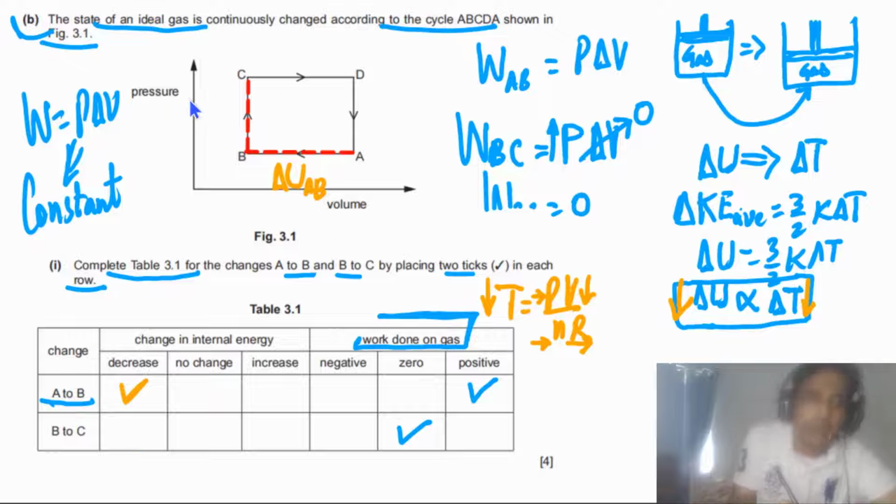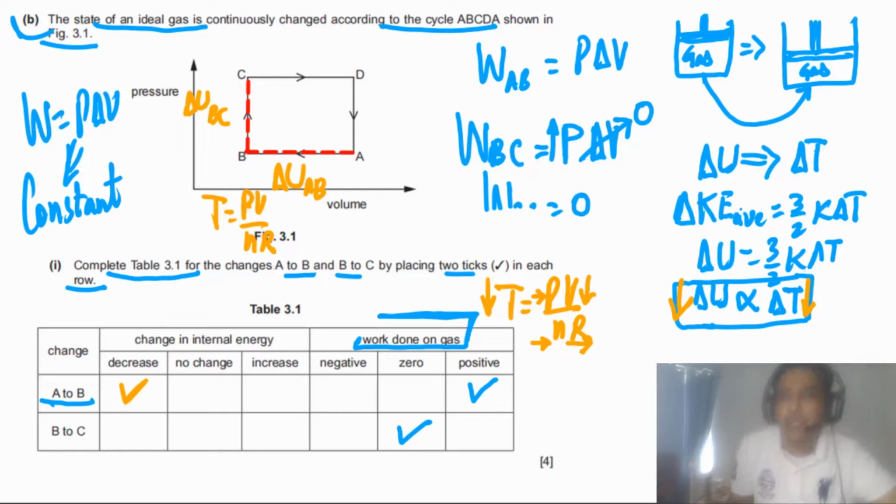Now we will find the change in internal energy between B and C. We will use this formula again: T is equal to PV over nR. Looking at the change in volume between B and C, there is no change in volume, but pressure is increasing, and n and R are constant.